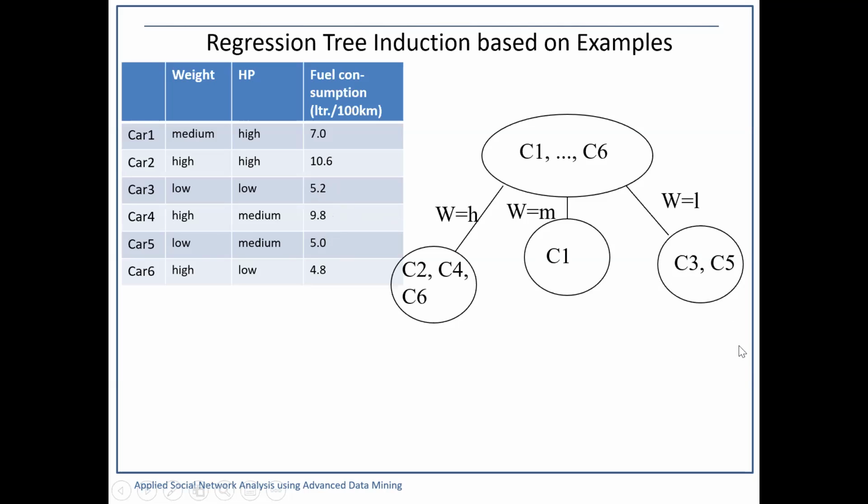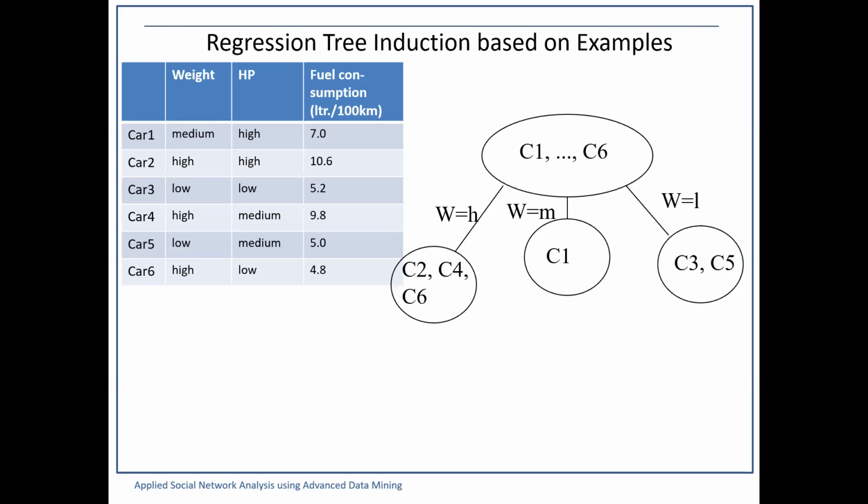Do we need more information? Do we have to continue branching here in this node with C3 and C5? Do we need more information for prediction? Here we have 5.2 for C3 and 5.0 for C5. Perhaps we need to calculate how similar these two values are to each other.